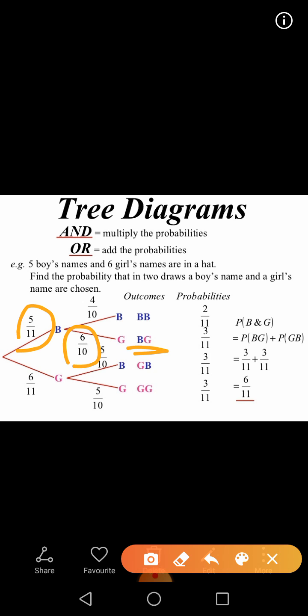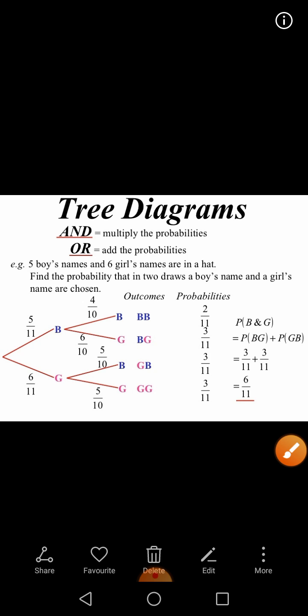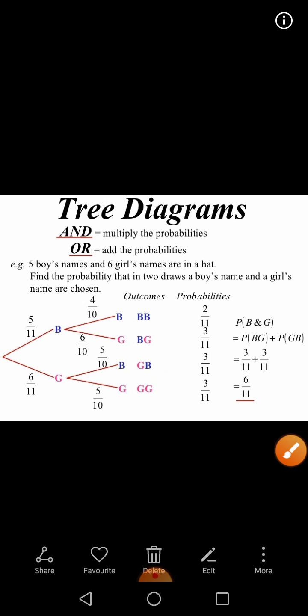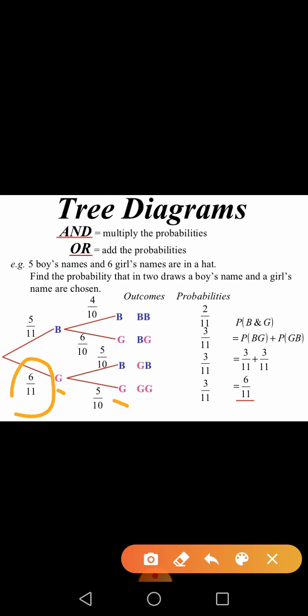It will be 3 over 11. Here, girl and boy: multiply 6 over 11 times 5 over 10 to get the answer after simplifying it. And for the last here, girl, girl: multiply 6 over 11 times 5 over 10 to get 3 over 11 after simplify.